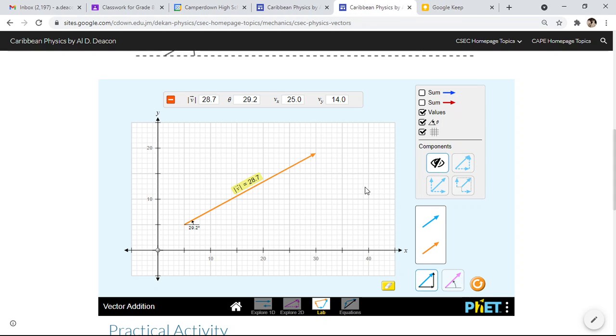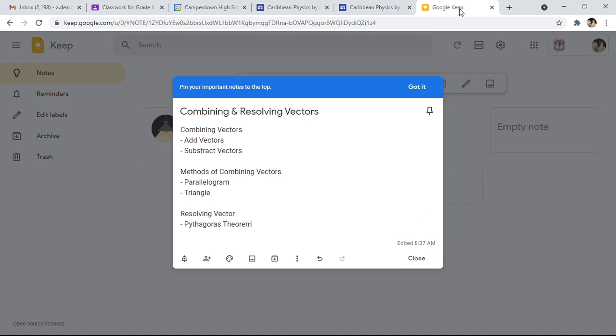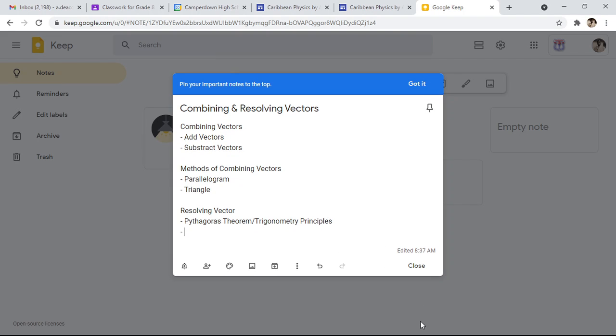And how does this work? Trigonometry, Pythagoras theorem. So let me just add that: slash trigonometry principles. Good? Watch this now, people.